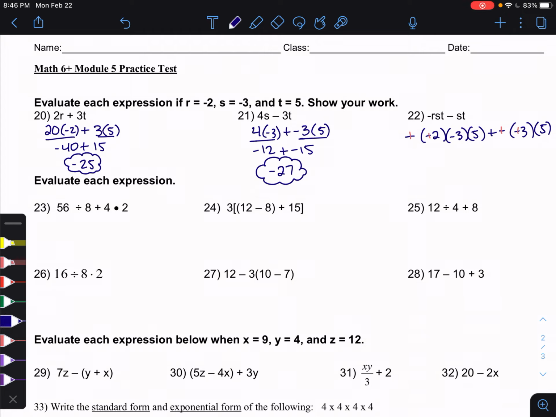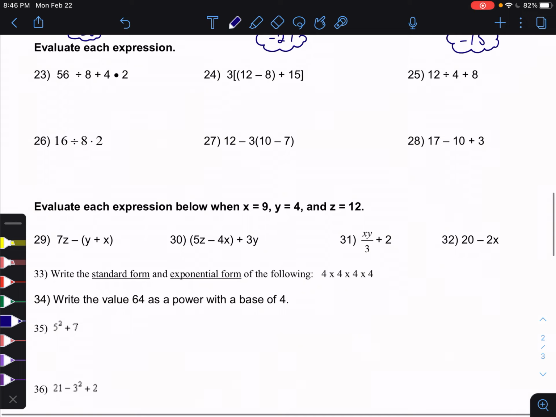So I can get rid of those right away if I want to. So now I'm going to multiply. So 2 times negative 3 is negative 6. Times 5 is going to be negative 30. And then 3 times 5 is 15. Negative 30 plus 15 is negative 15.